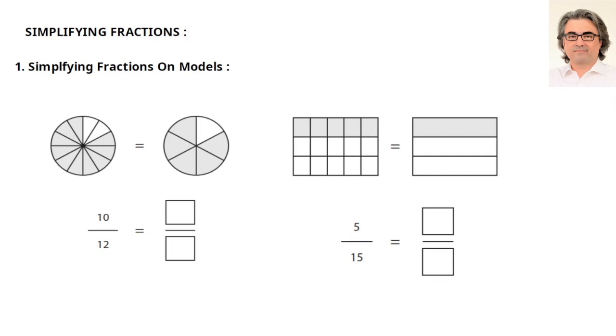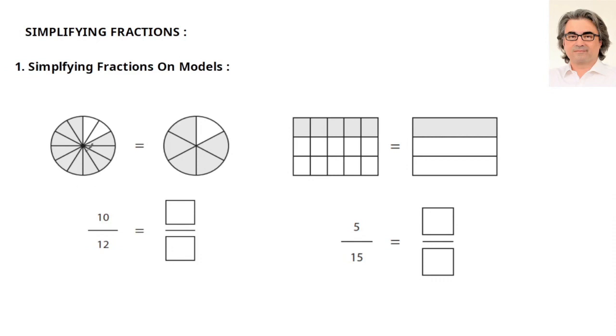Now, as you see in the figure, on the left side of the equation, we have a circle, and written here its fraction form. We know from our previous lessons how we may write its fraction form.